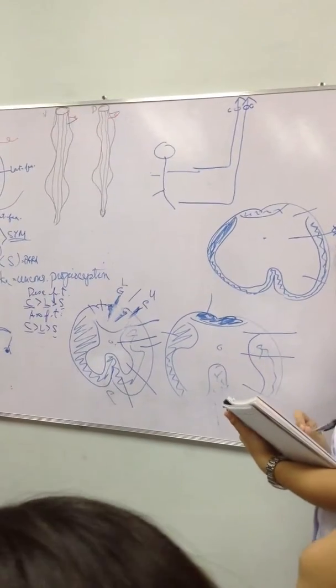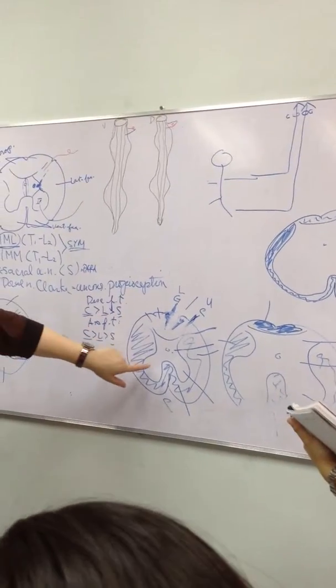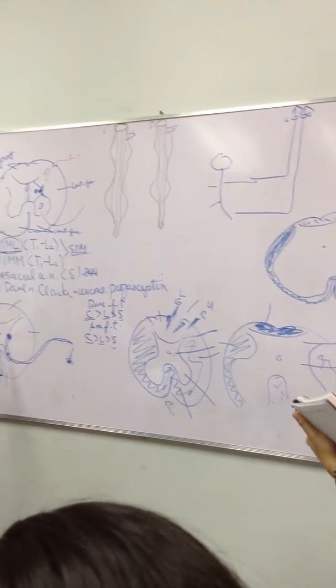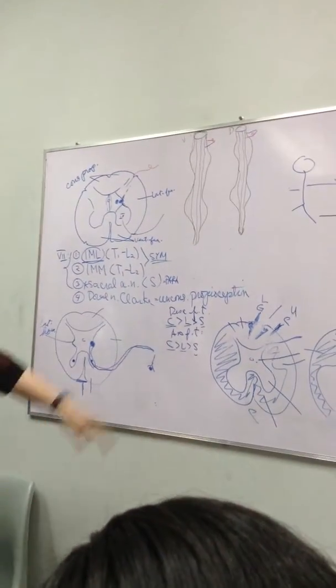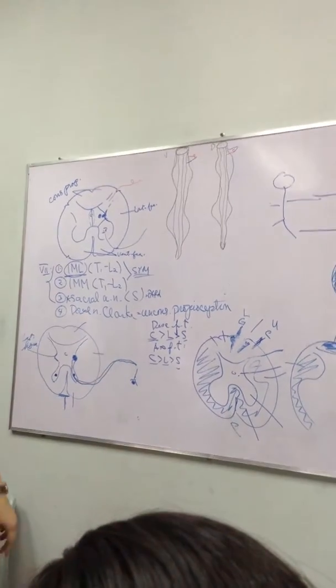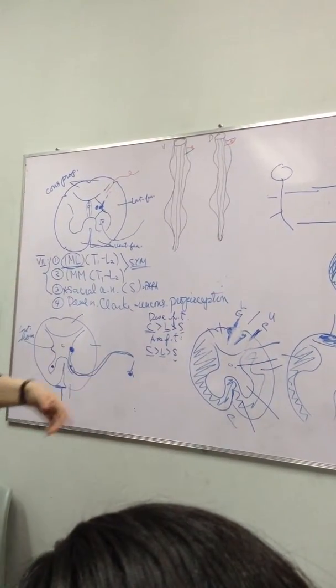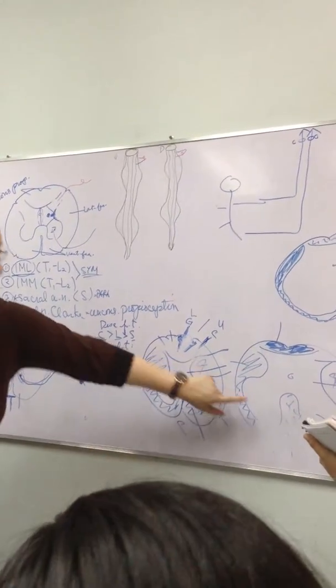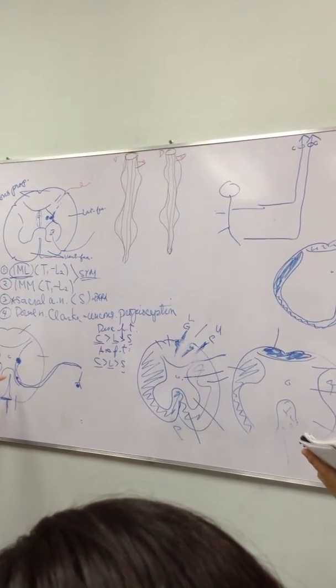Why will the ventral horn of the cervical and lumbar be wide? Hindi, motor nga ito eh. Maraming motor neuron. Bakit mas maraming motor neuron sa cervical at sa lumbar? Konti sa thoracic.